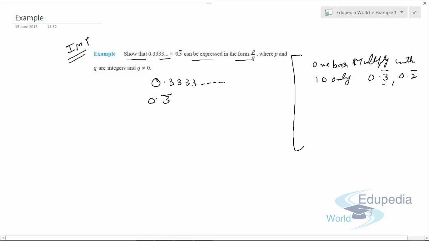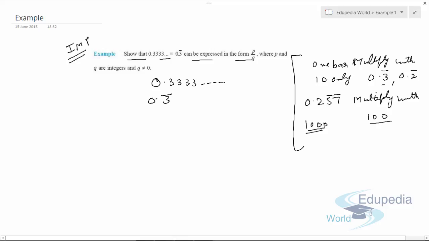Now if we have two recurring digits like 0.257 and we have a bar over two numbers, then we multiply with 100. If the bar has three numbers, then we multiply with 1000.